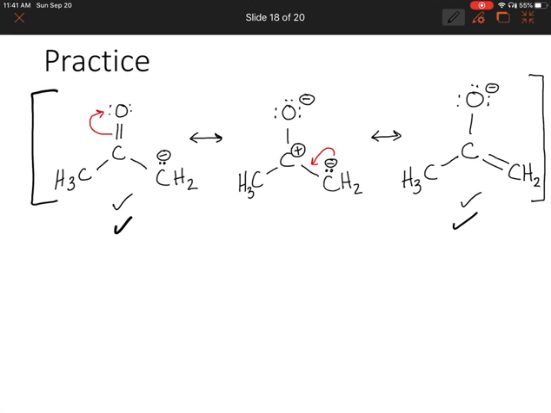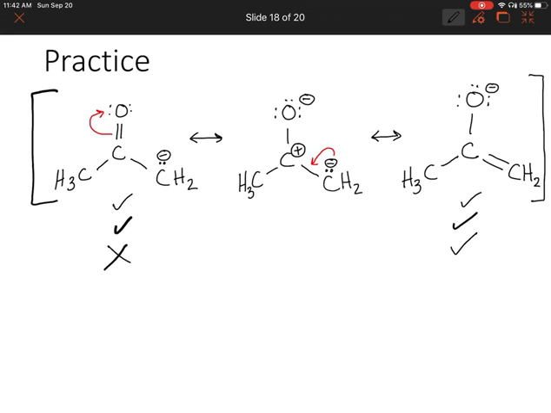So in the structure on the left, the negative charge is on the carbon. In the structure on the right, the negative charge is on the oxygen. And which one is more electronegative, carbon or oxygen? Oxygen, right? So we want the negative charge to be on oxygen. Okay.